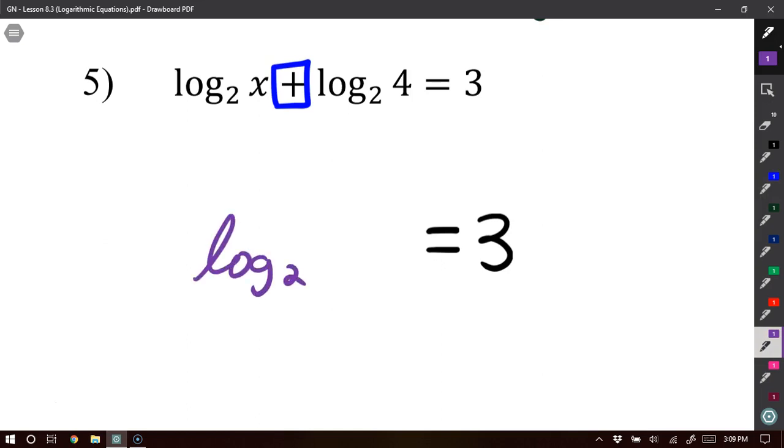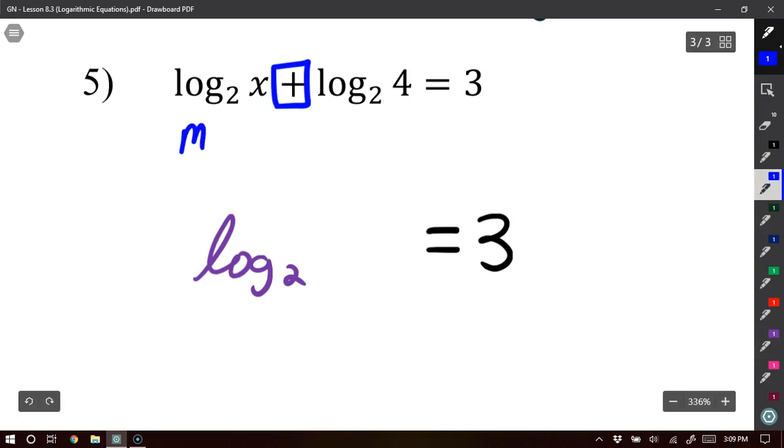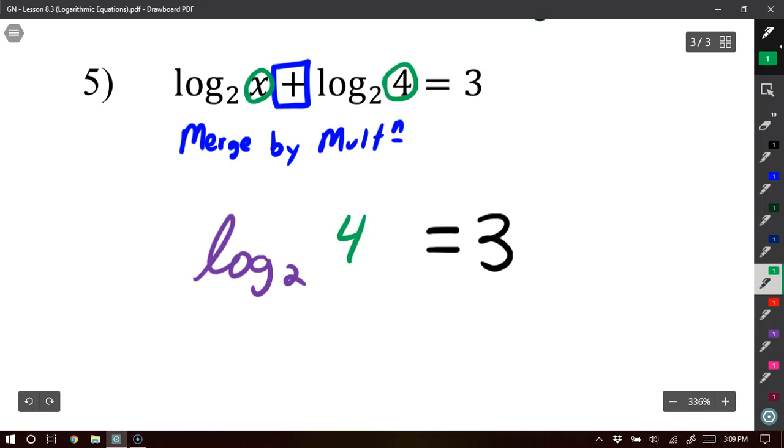No plus signs, no minus signs, no coefficients. And so I have to ask myself, how do I merge together when I have a plus sign? And I merge by multiplication when I have a plus sign. So I am going to take my x, and I'm going to take my 4, and I am going to multiply them together and say 4x.